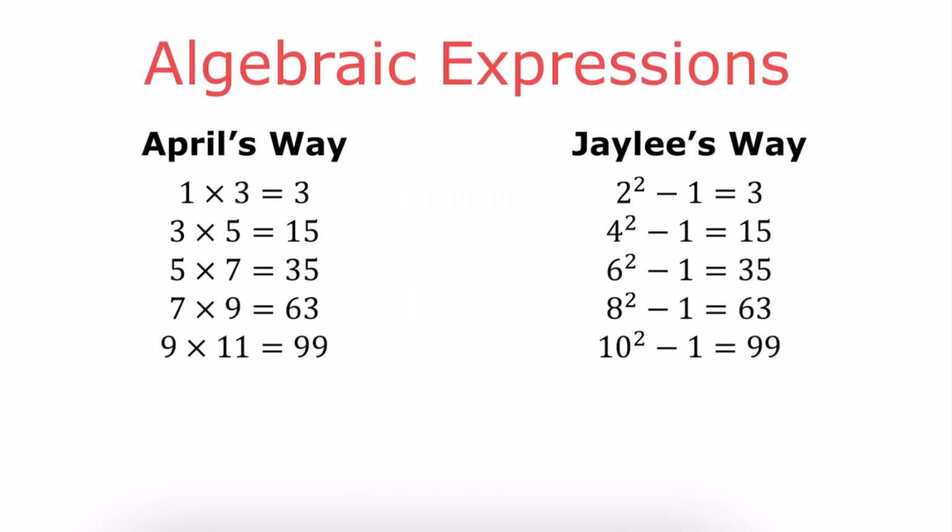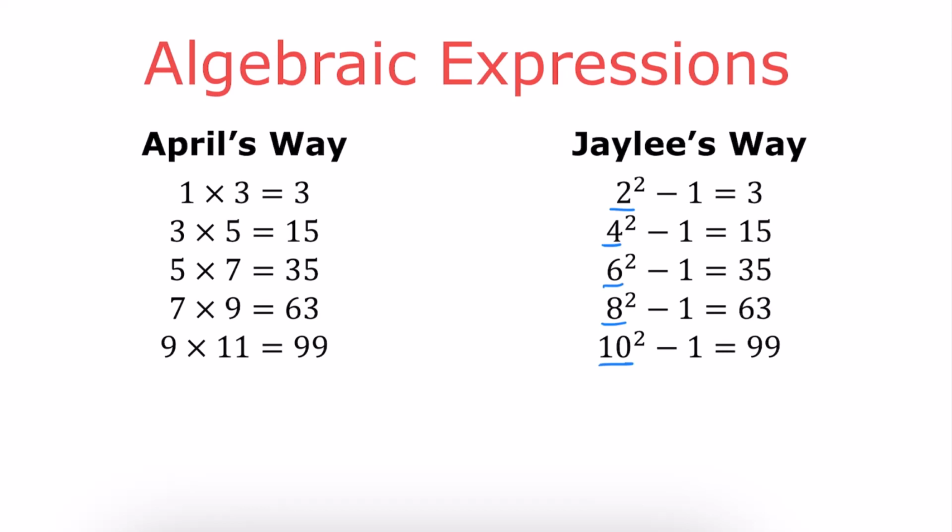So the first step is to write an algebraic expression for both of our patterns. Let me start with my pattern because it's a little bit easier to write the algebraic expression for. In my pattern, there's only one number that's changing. It's this even number that I'm squaring, but the exponent is staying the same, and I'm also subtracting 1 consistently.